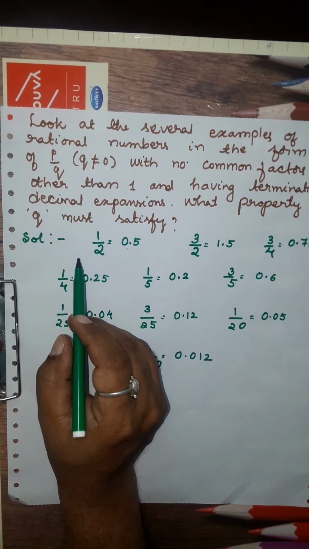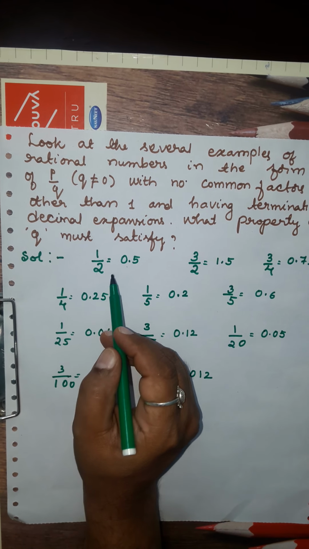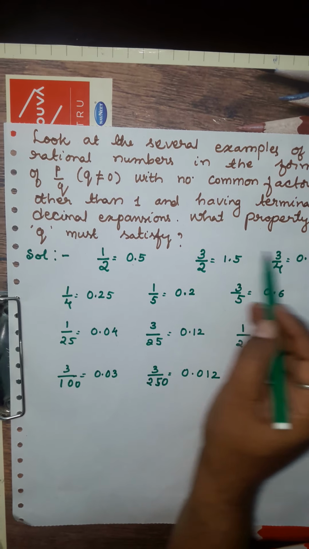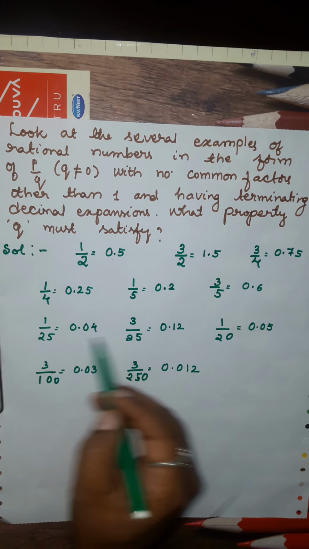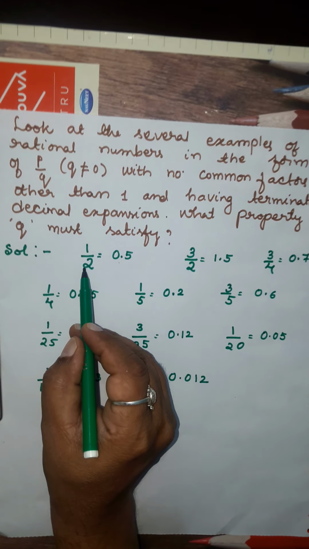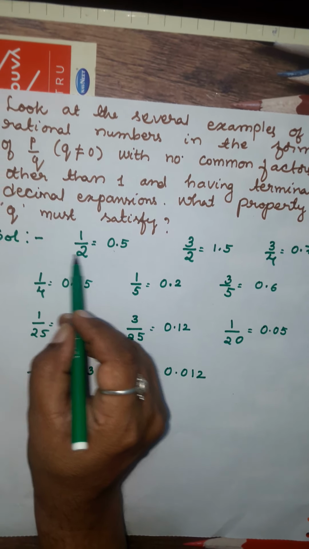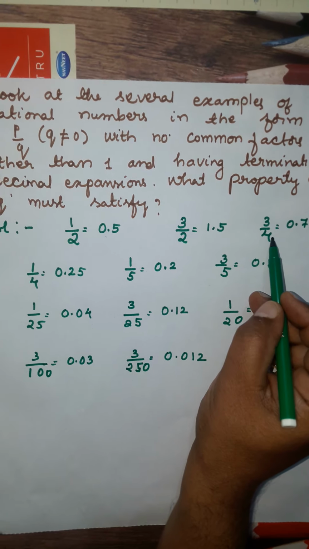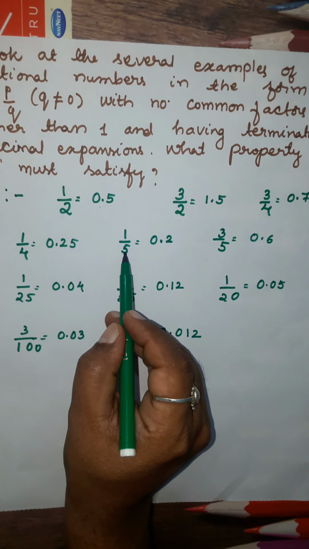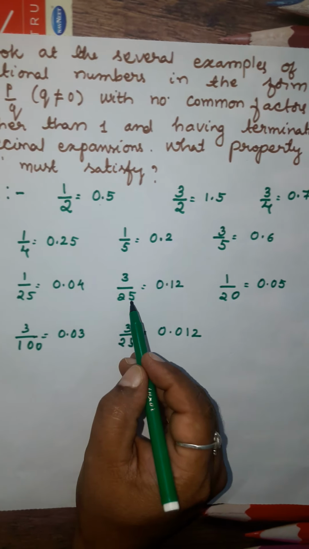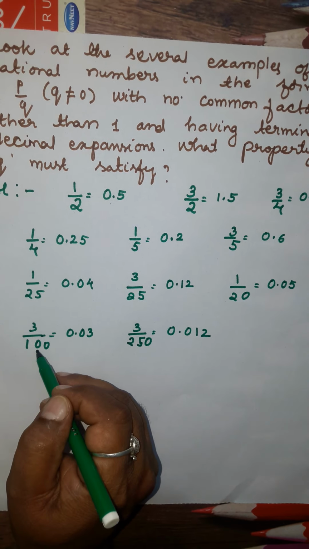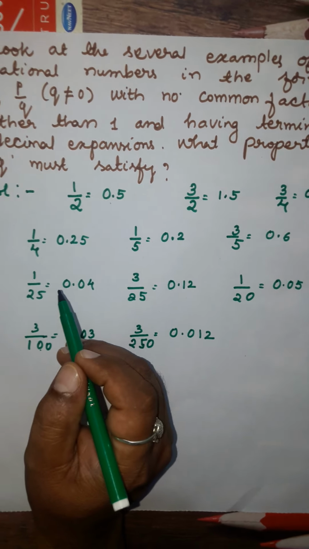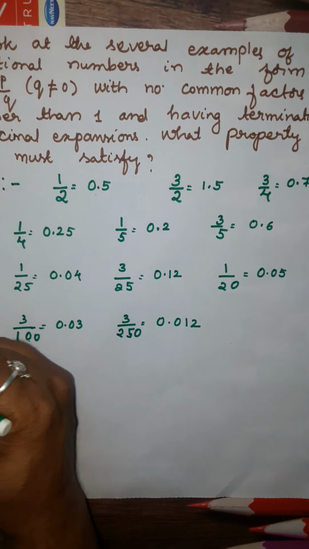Now I am going to focus on the denominators of these rational numbers. Denominator means q here. Here q is 2, 2, 4, 4, 5, 5, 20, 25, 25, 100, 250.